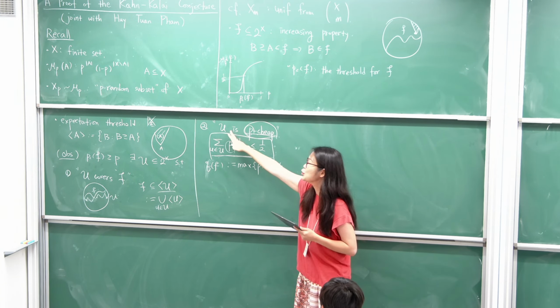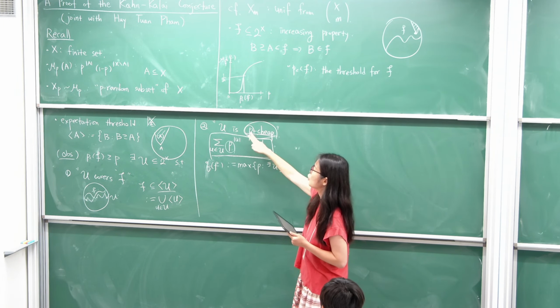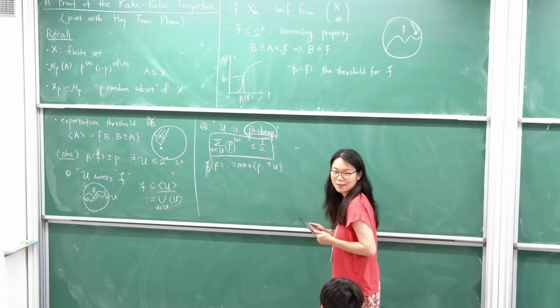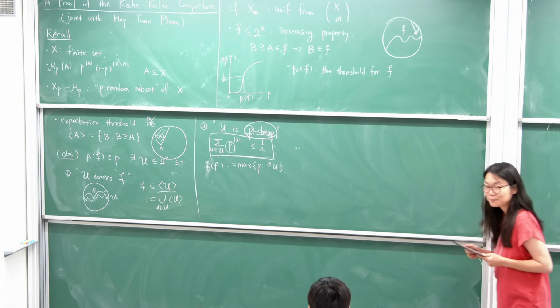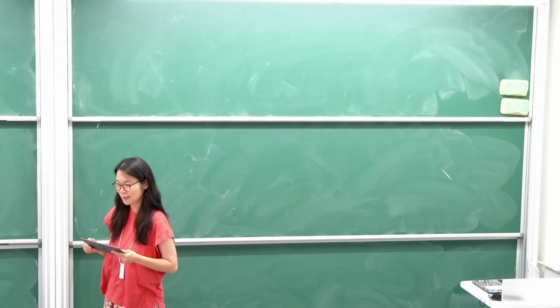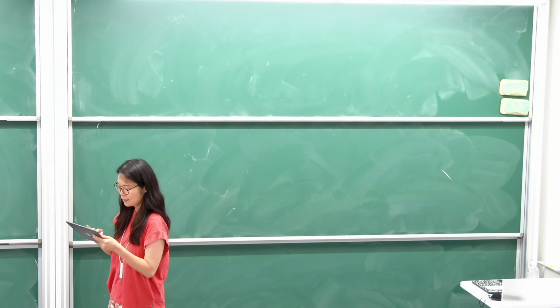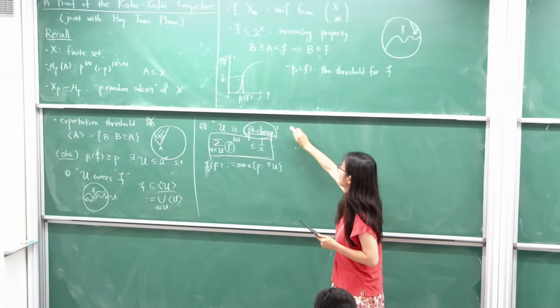So we want to find U that achieves large P as long as it satisfies this P chipness. Okay, are we happy?